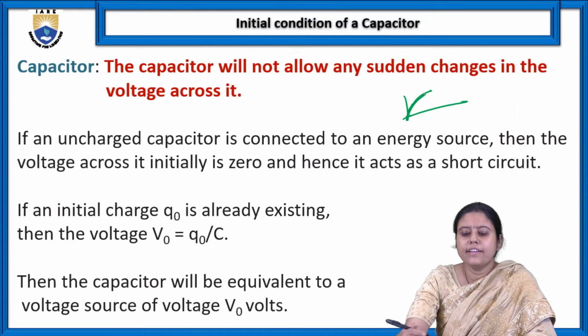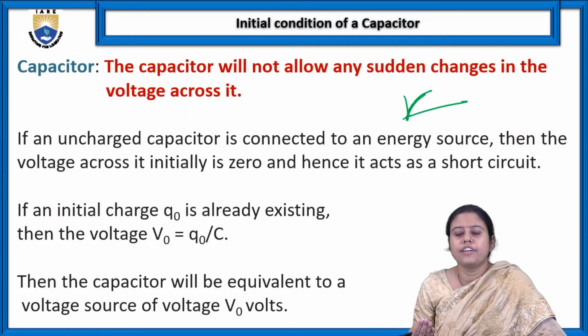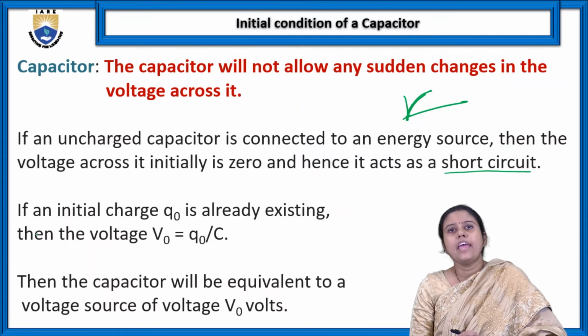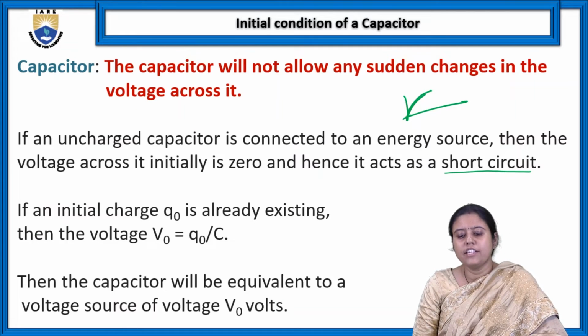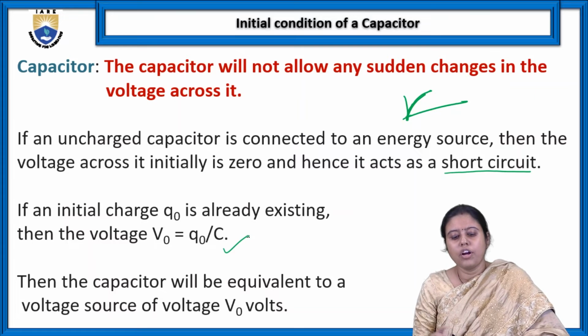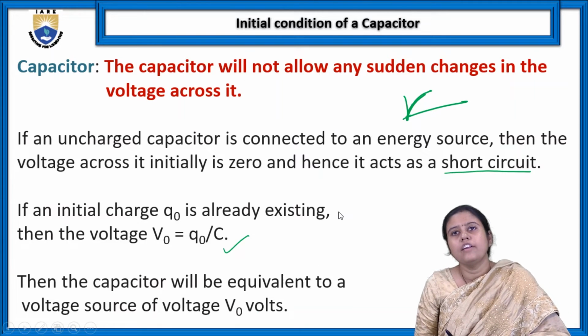But when it is uncharged, it will not allow the voltage to jump, so it will initially act as a short circuit. If an initial charge Q0 already exists, V0 is equal to Q0 by C, and the capacitor will be equivalent to the voltage source V0.